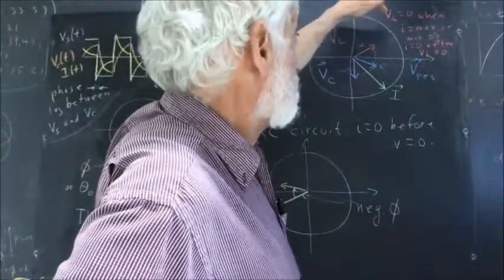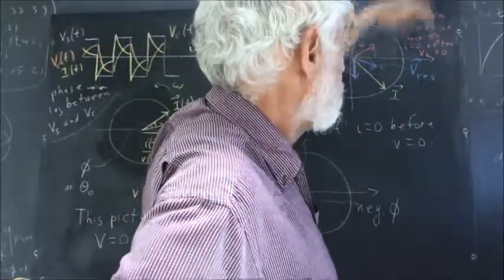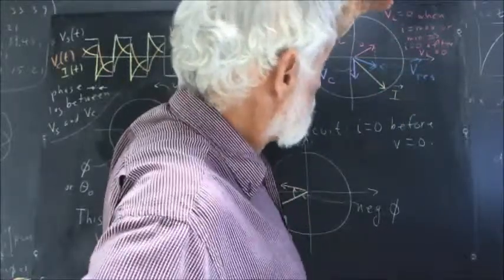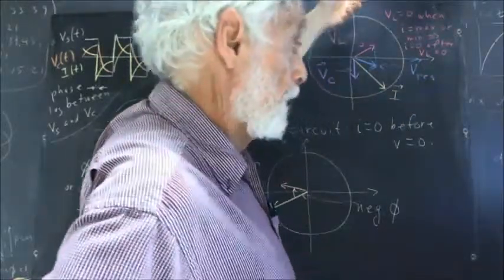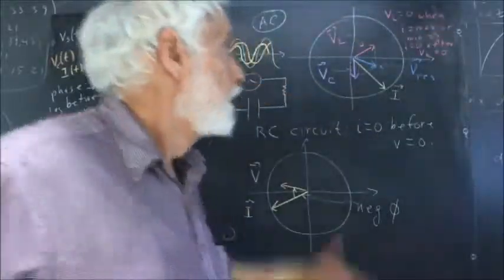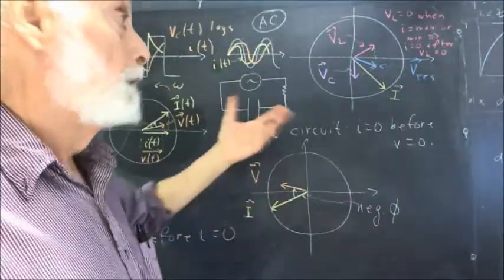So it follows then that the voltage of the inductor is going to be zero whenever the derivative, or the rate of change of the current, is zero, and that occurs when the current is a max or a min. Just think of max and min in calculus.